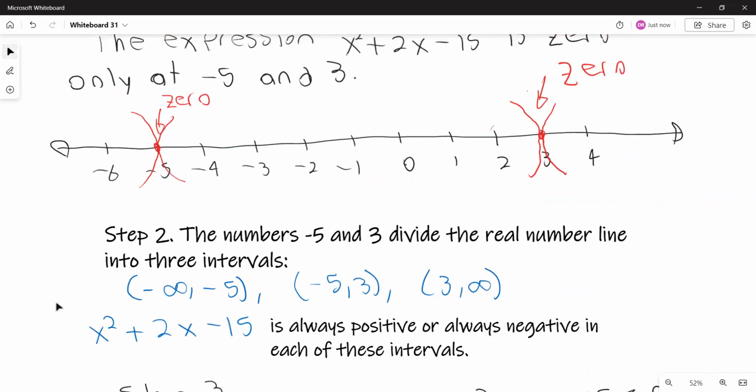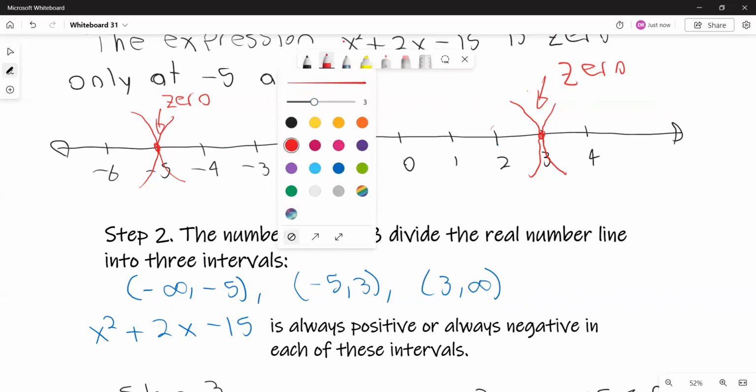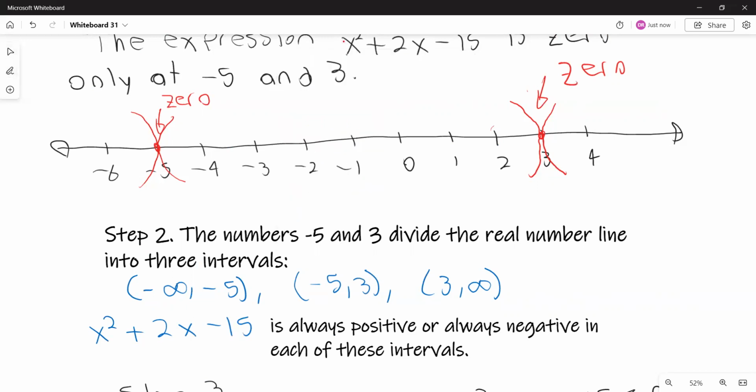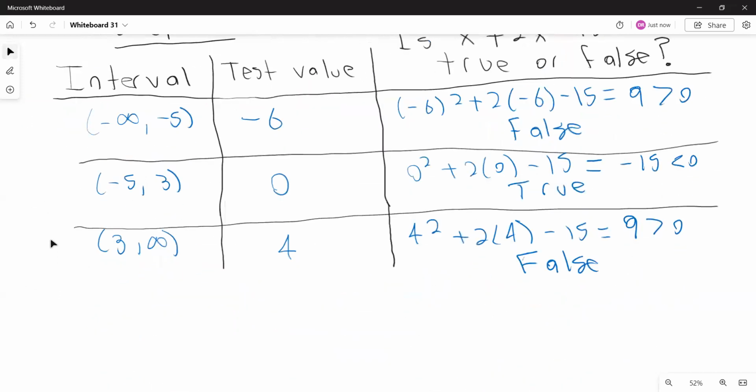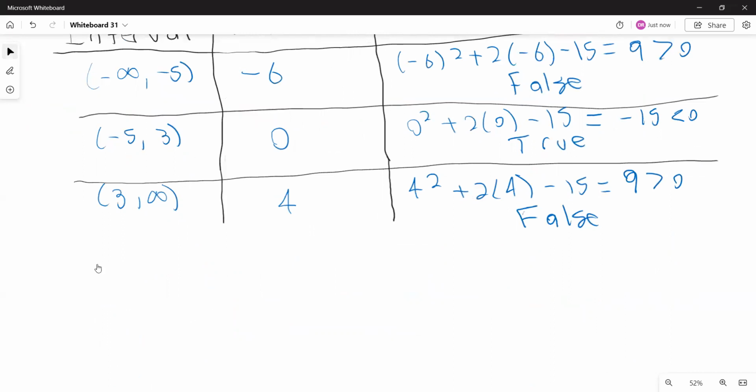So we ended up finding that the expression x squared plus 2x minus 15 is positive on -infinity to -5, it's negative on -5 to 3, and it is positive on 3 to infinity. So the solution set is (-5, 3).